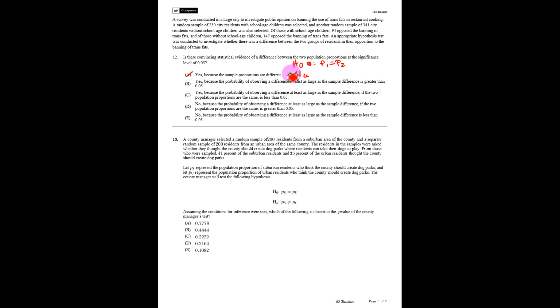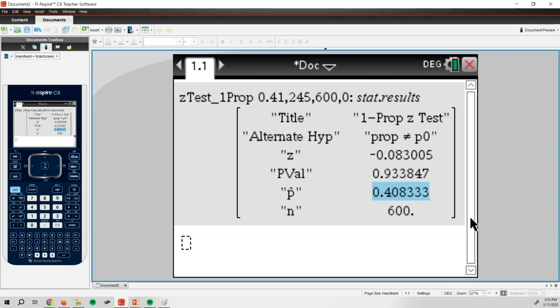And the alternative, since the test was conducting whether there's a difference, is P1 not equal to P2. But in order to get our p-value, we have to assume the null. So we can do away with B and E because they don't say assuming the two population proportions are the same. That's the assuming part. So let's go to the calculator and start throwing all this in.